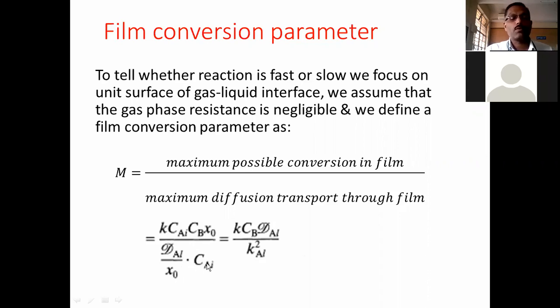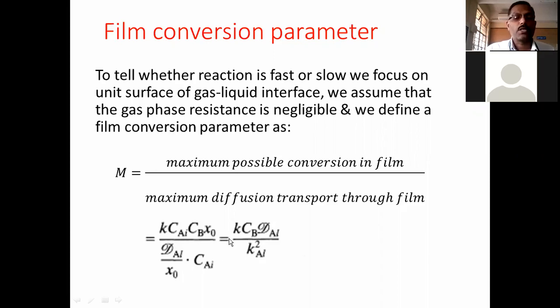So A is diffused through this film, where X0 is the thickness of the liquid film. So DL upon X0 is the mass transfer coefficient, DL is the diffusivity, X0 is the diffusion path, and Ci is the concentration of A in the liquid film at the interface.